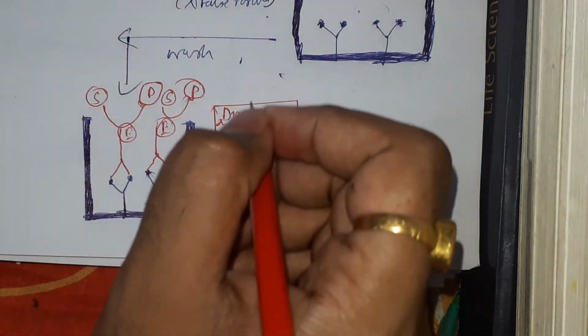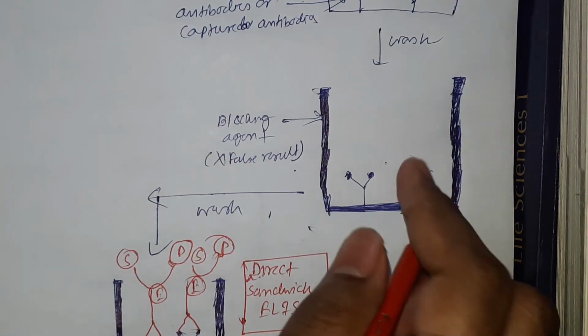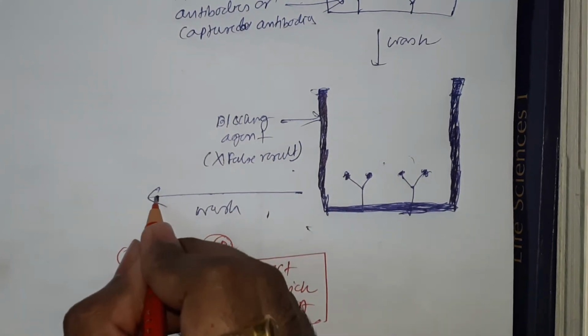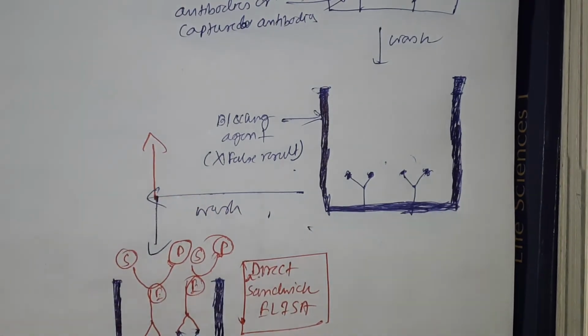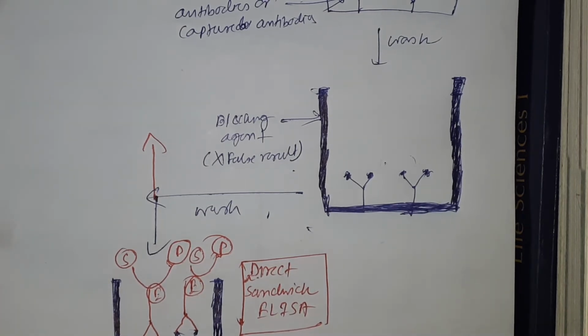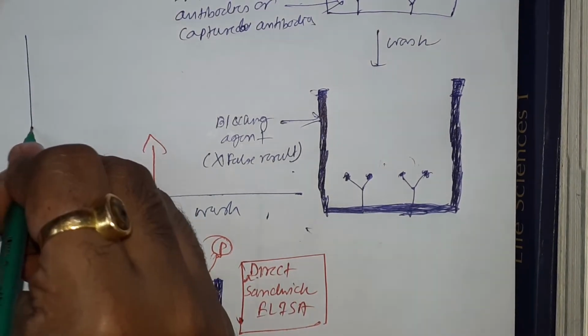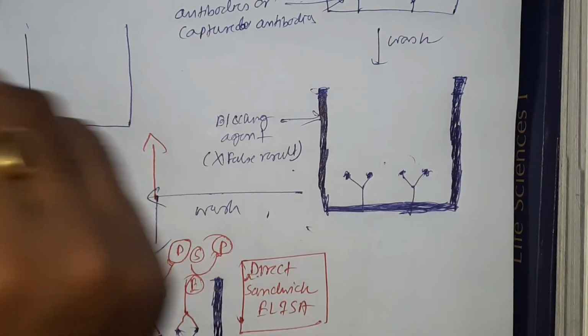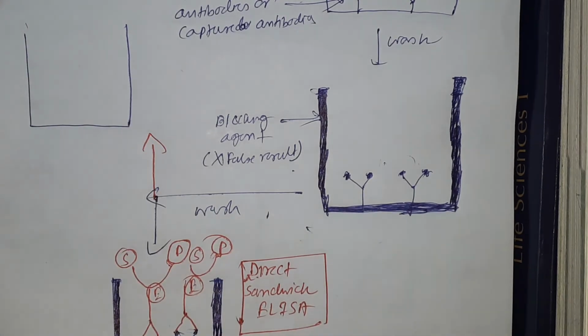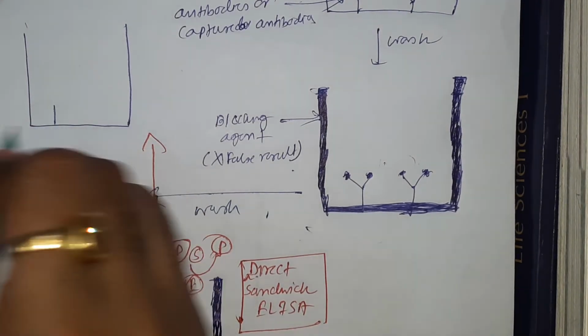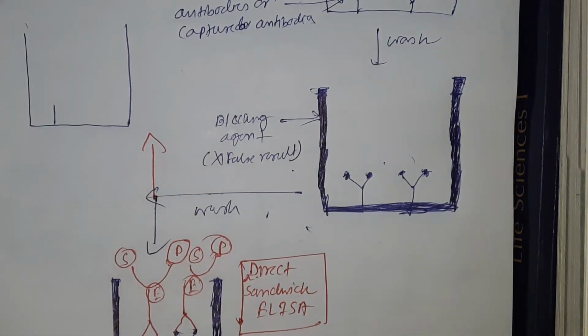But we can also perform the sandwich ELISA in a different way, because sandwich ELISA is of two types, one is direct sandwich ELISA and another one is indirect sandwich ELISA. If you have watched my previous video where I explained all the ELISA techniques within 10 minutes, you have an idea about what direct sandwich ELISA and indirect sandwich ELISA are.